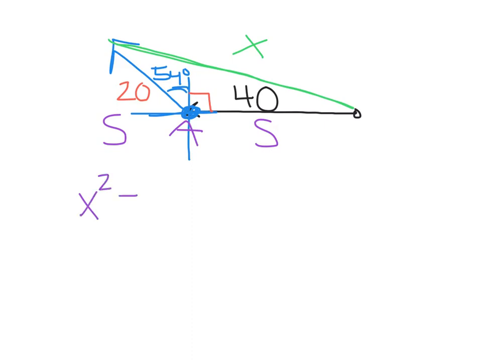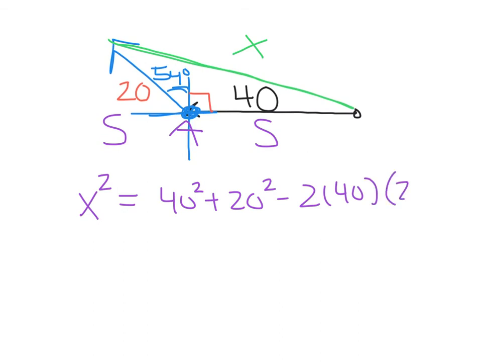X squared equals 40 squared plus 20 squared minus 2 times 40 times 20, times cosine of 144. I got the 144 because this 90 piece right here plus this 54 makes up that whole angle. You should be able to enter that in the calculator and then square root it, and you'll get your x length.